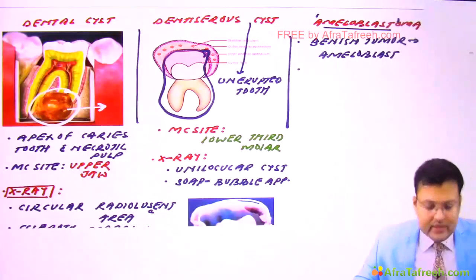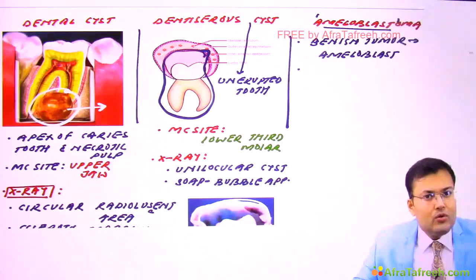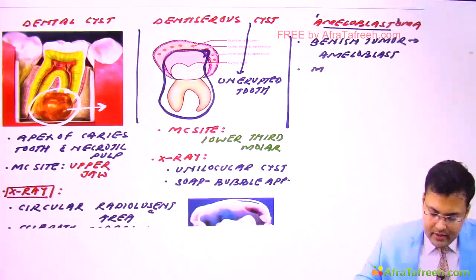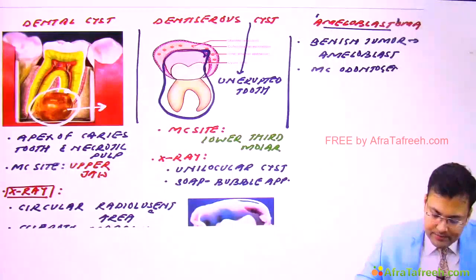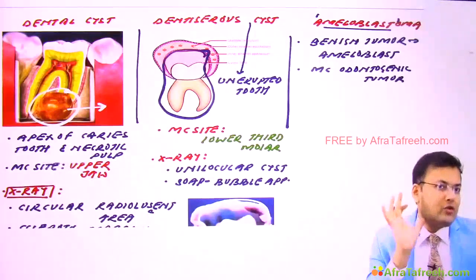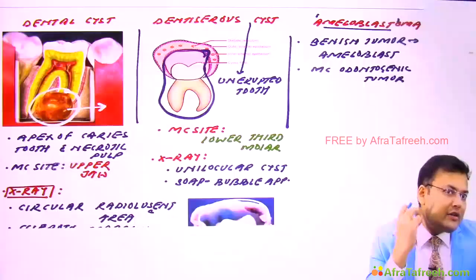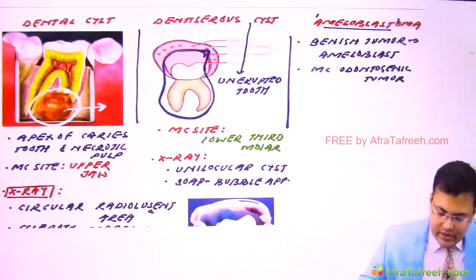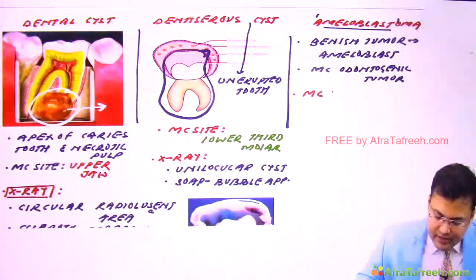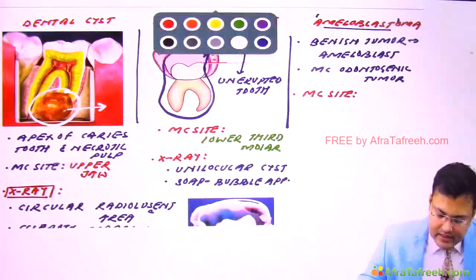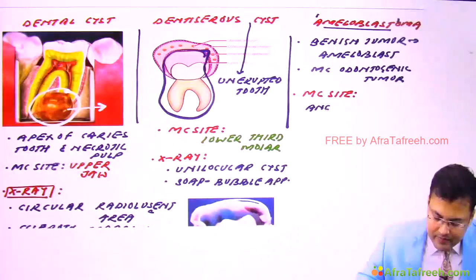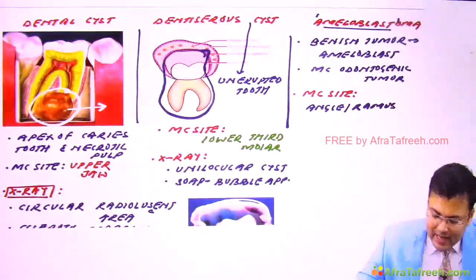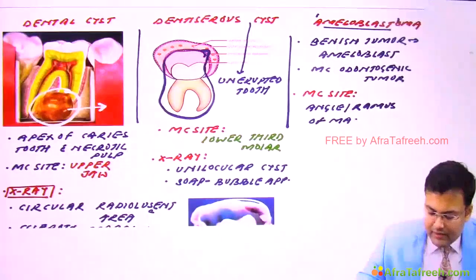It means this is the most common odontogenic tumor. Okay, and what is the most common location? Angle or ramus of mandible. So here the most common location of ameloblastoma is the angle or ramus of mandible.